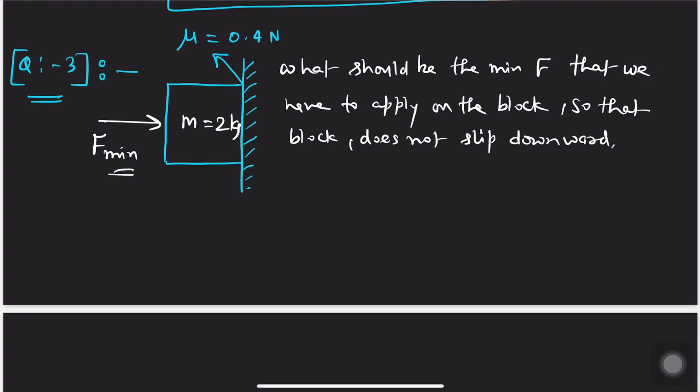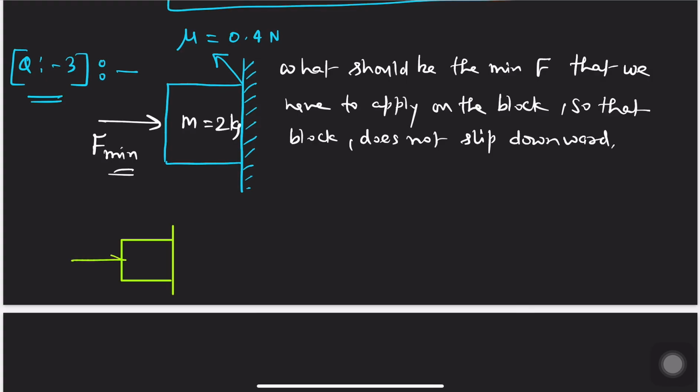If I make the FBD of this body, what is going to happen? The body is not moving in the horizontal direction, there is no movement happening horizontally. Because there is no horizontal movement, the net force on the body should be 0.